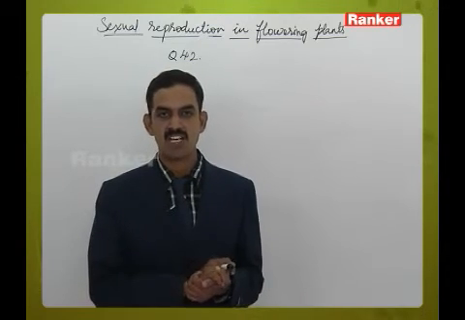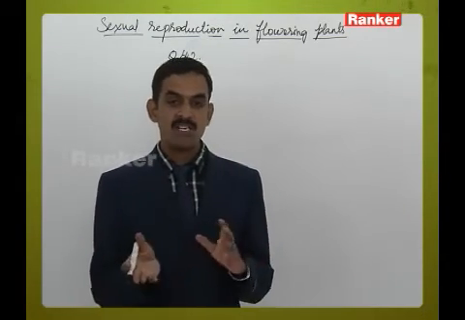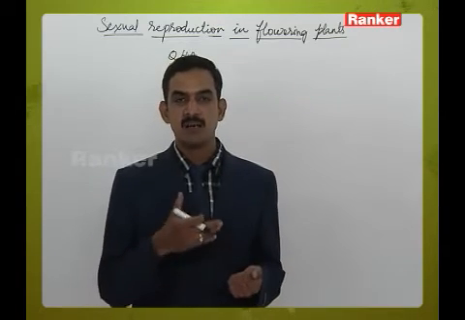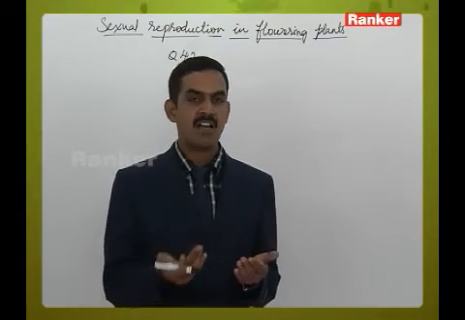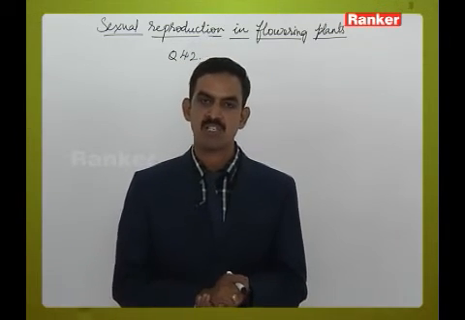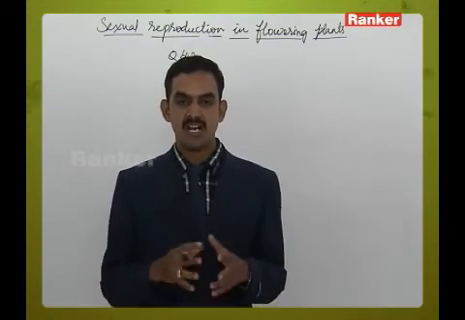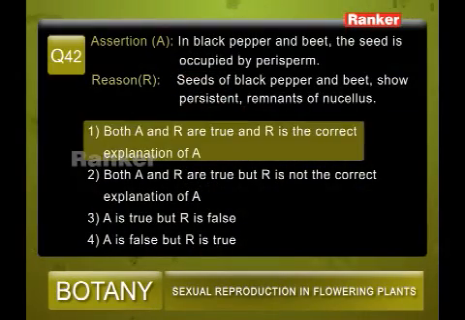So assertion statement is correct. And why it is so, as already I said, the perisperm is the persistent one which is surviving after the ripening of the seed also, and it's a remnant of the nucellus. So both A and R are correct, and R explains A. Question number 42, the correct answer is 1.